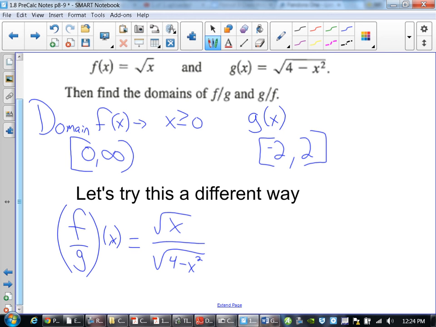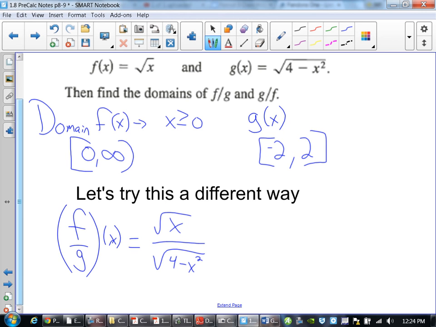So if we start looking at it like this, and we want to talk about it in terms of hard tops and hard bottoms in the domains, we know that the domain of f is anything greater than or equal to 0. We know that the domain of g is anywhere between -2 and +2. Where do those two domains overlap? At 0, 1, 2.